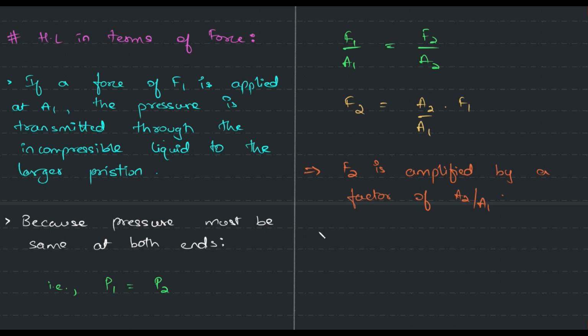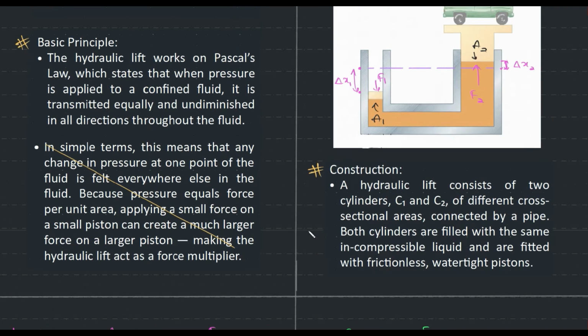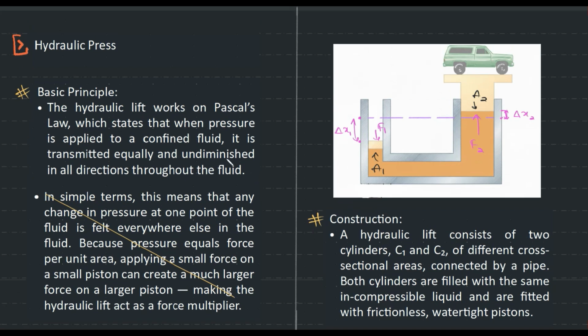You guys agree? So in terms of numbers, if this is say 10 and this is 20, and I apply a force of 4, this will experience a force of 8.